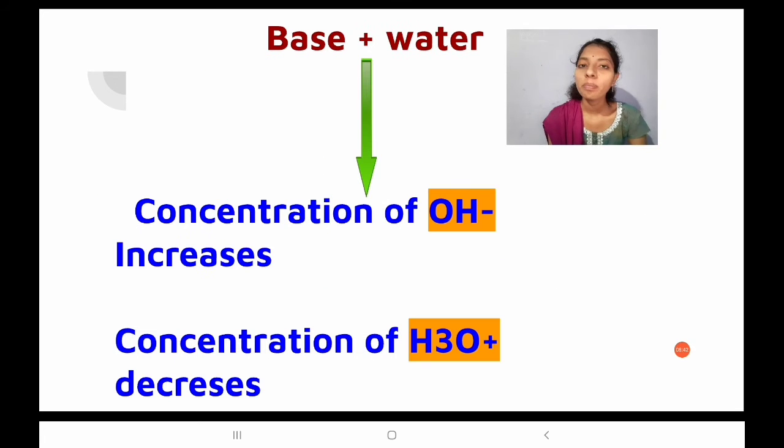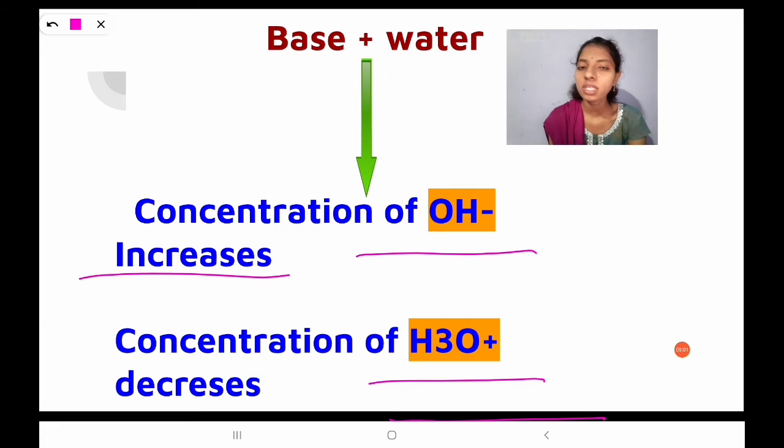And when a base is mixed with water, what will happen? We know the opposite reaction takes place: the OH- ion concentration increases and the concentration of H3O+ ions decreases.